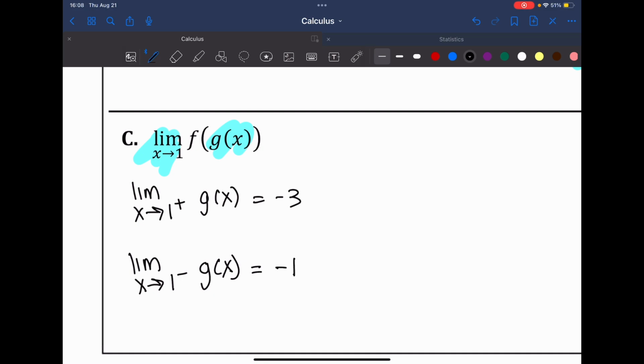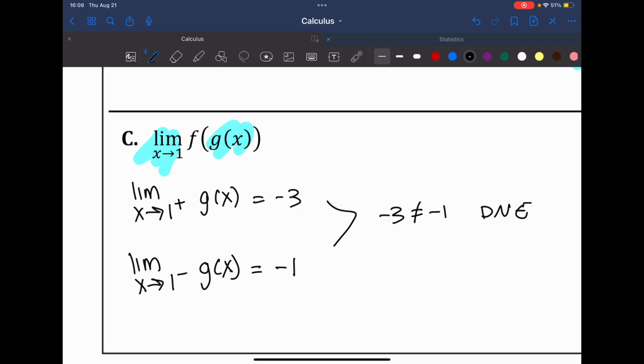So neither of these exist at that value. Since -3 is not equal to -1, the limit does not exist.